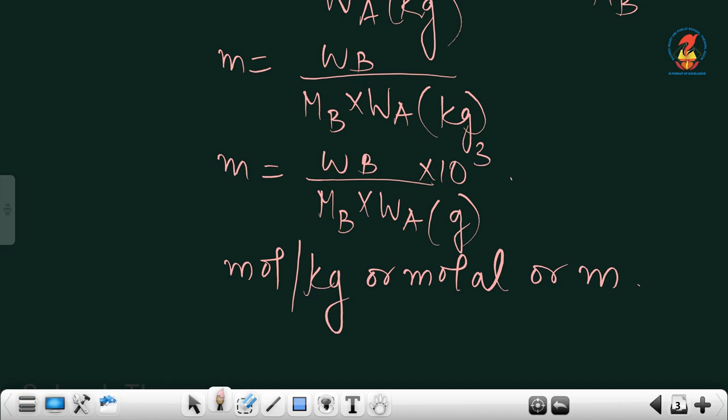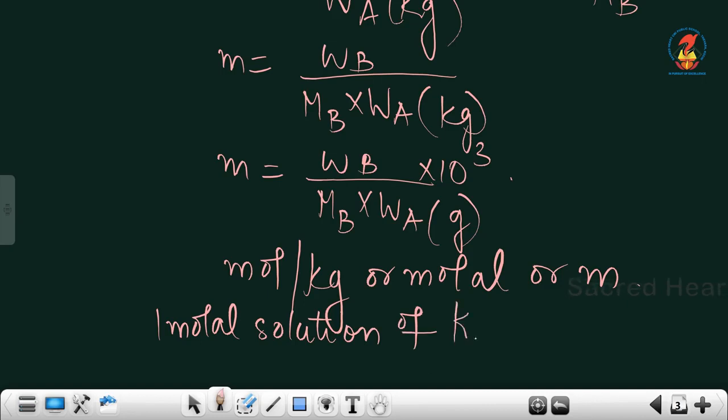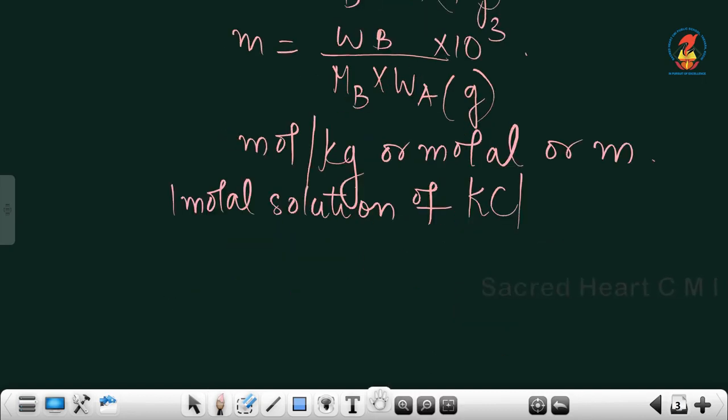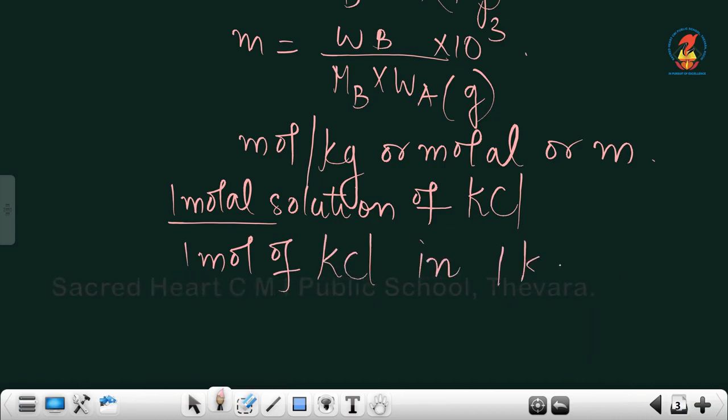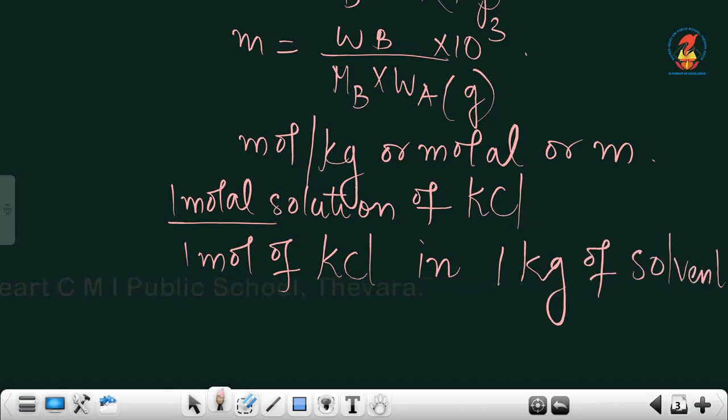This is the unit of molality. So for example, 1 molal solution of KCl means 1 mole of KCl is dissolved in 1 kilogram of solvent or 1000 gram of solvent.